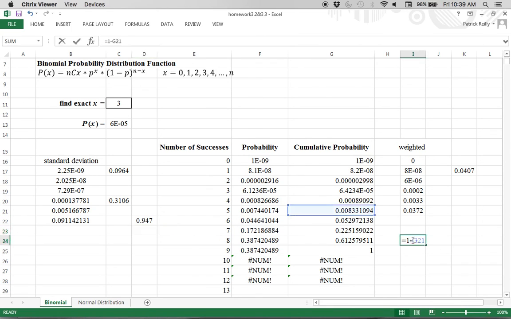Or we could come over here and do 1 minus the cumulative probability of 6, so G22. And we'll get the same answer. All right, so we can add them all up, or we can do 1 minus what we don't have. Right, 1 minus what we don't have.